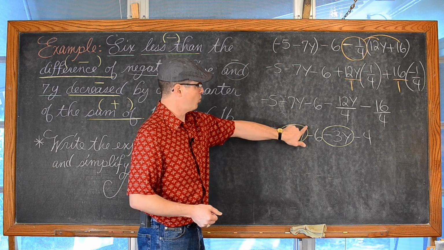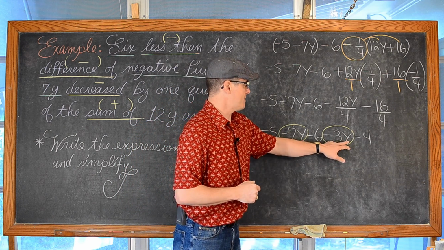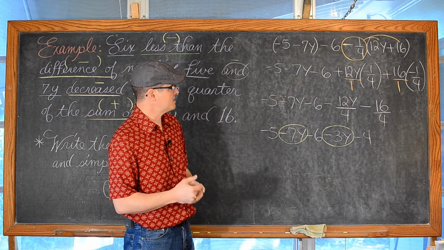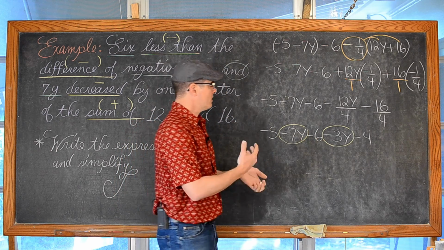So this term has 1y because there's an exponent of 1, which isn't written, it doesn't need to be. This term has 1y. I'm wrapping them in circles because I want you to see that these negatives need to be combined.